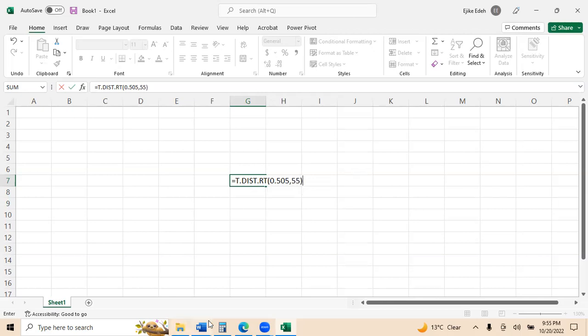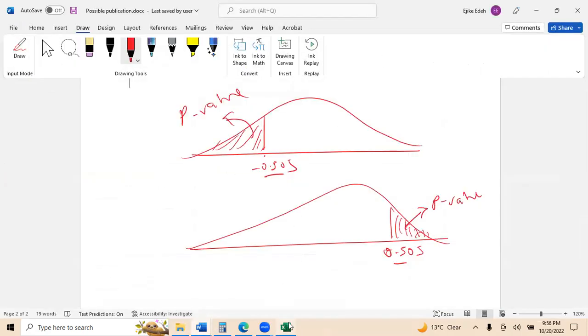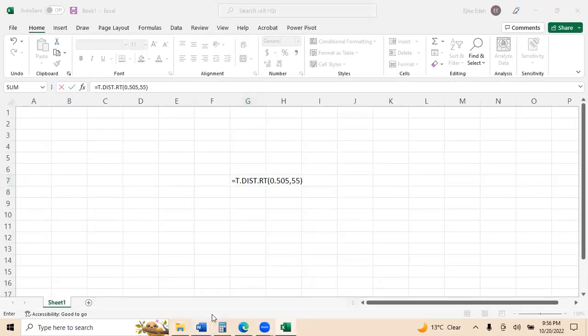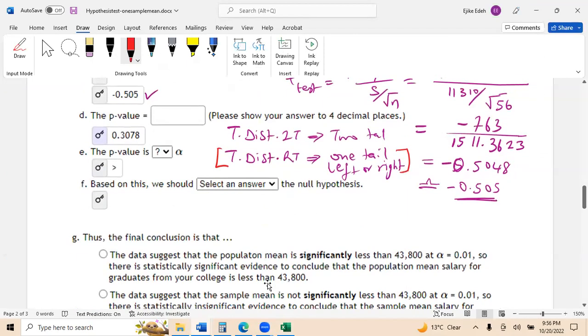Okay. Let me explain this again on the paper here. I think it's better we write it on the actual worksheet over here. So remember that inside our function, let me write with red, when you do T.DIST, and because you're doing one tail, you do RT, the first thing you need is marked as X, but that is your test statistic.